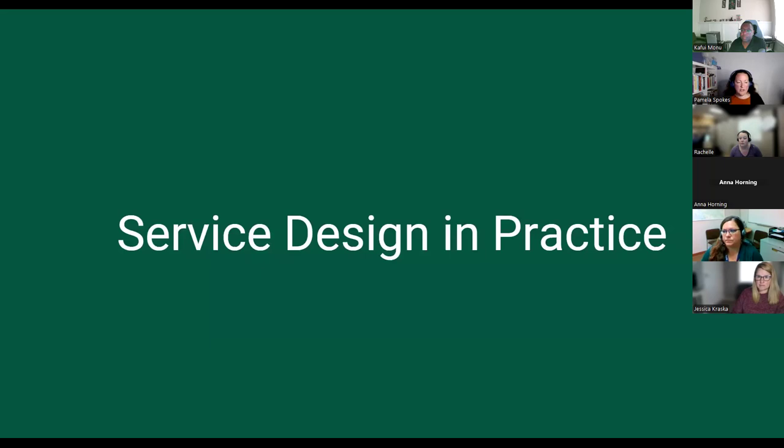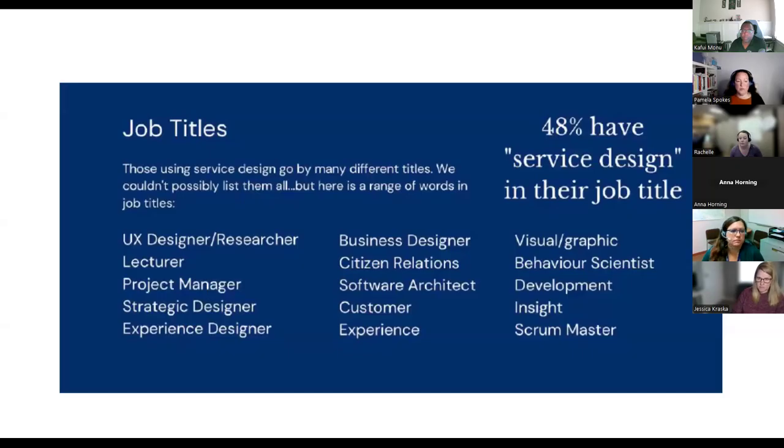And so this is service design in practice. I just wanted to show you a survey we did. Just as the US did the state of service design in the US, I did a state of service design in Finland report. So these are the different job titles that people are using service design in their work, right? Of course there are lecturers because people are teaching service design, but also project managers, strategic designers, experience designers, business designers, citizen relations, even some software architects.